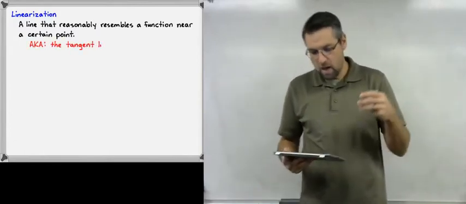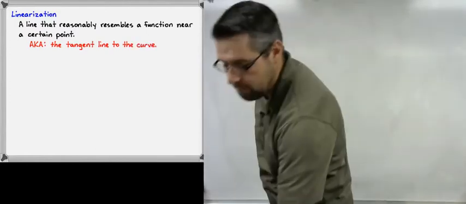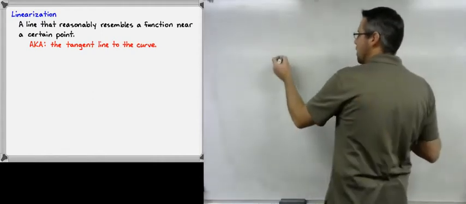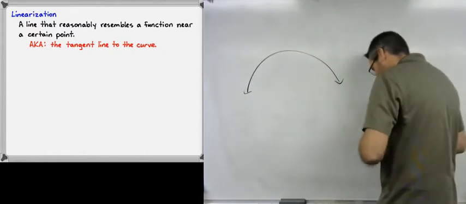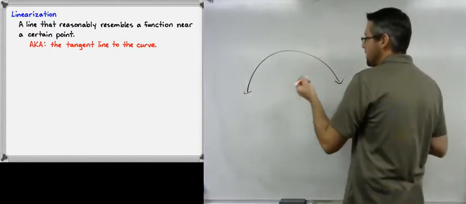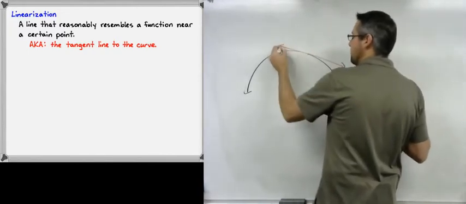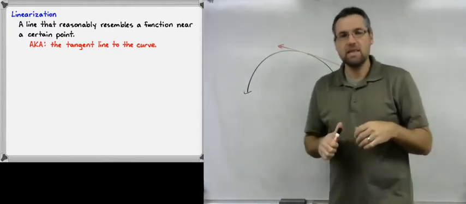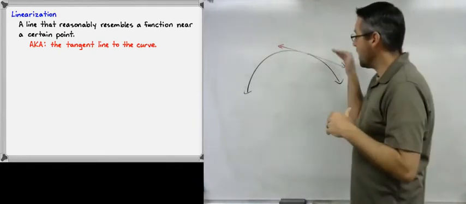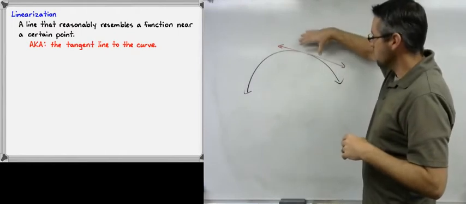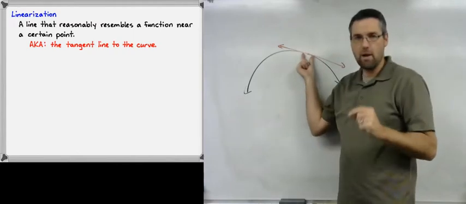But again, the idea of linearization is just the idea of approximating a curve. So let's say I have a curve, that's my function, and I want to create a tangent line. Well, I find the tangent line maybe at this point here, and I create my tangent line. One idea of a tangent line is it is just a line that is really close to the value of the curve at all the points that are immediately around the point of tangency.